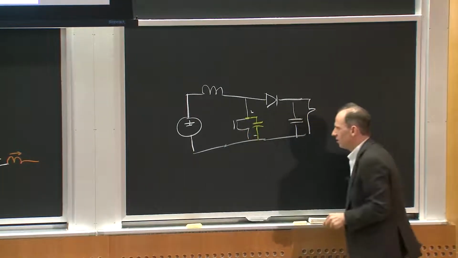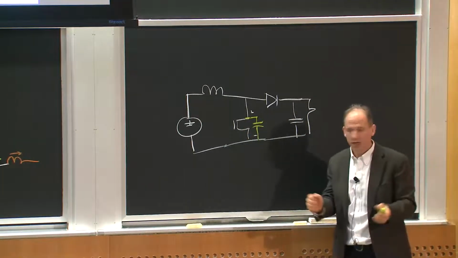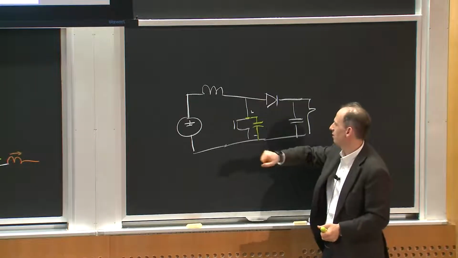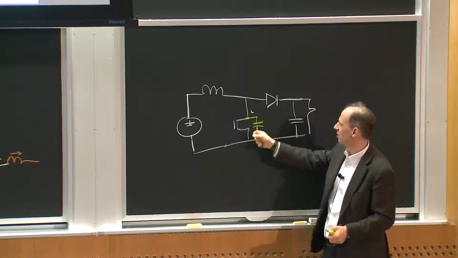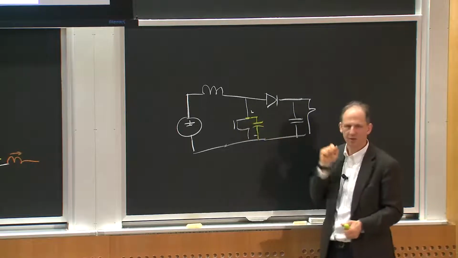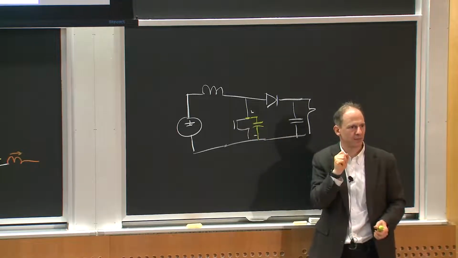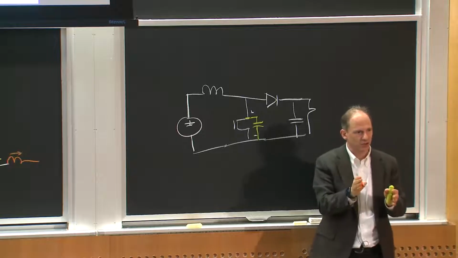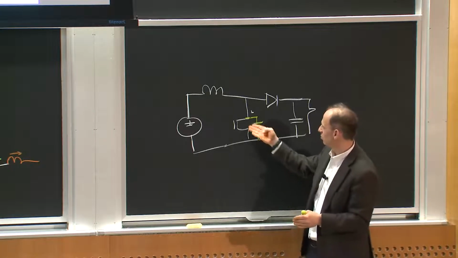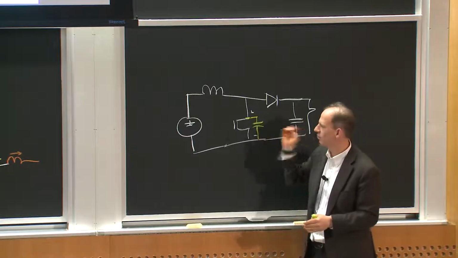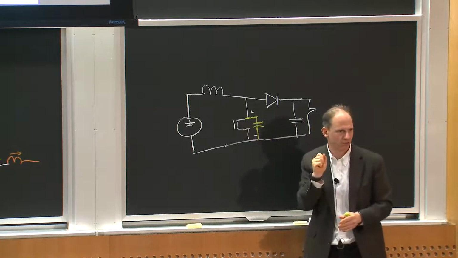This would still work just like a boost converter. I can turn it off, it captures the energy, and the only problem I have now is that when I turn the switch on, I'm going to dump that capacitor energy. So maybe I can come up with a circuit that, just when I want to turn the switch back on, will suck the energy off that capacitor and let me turn on the switch with zero voltage.